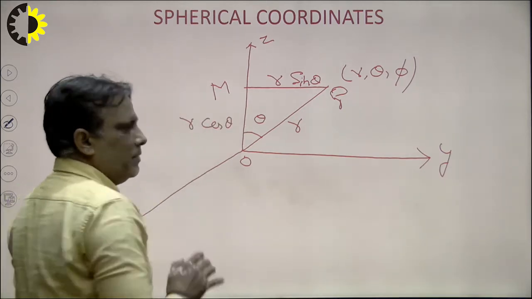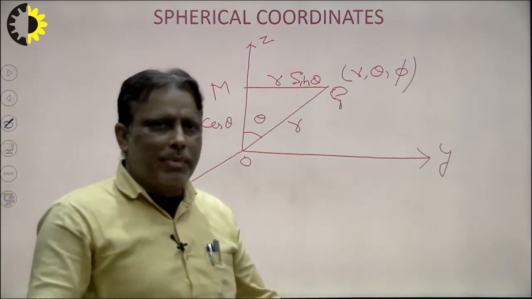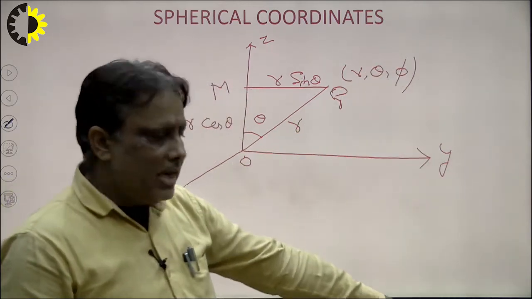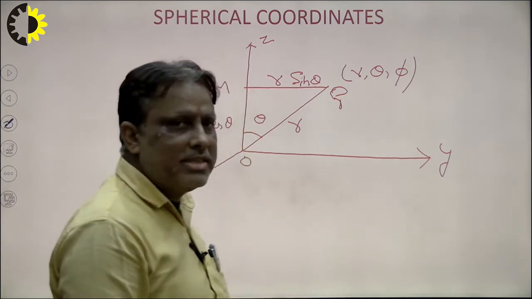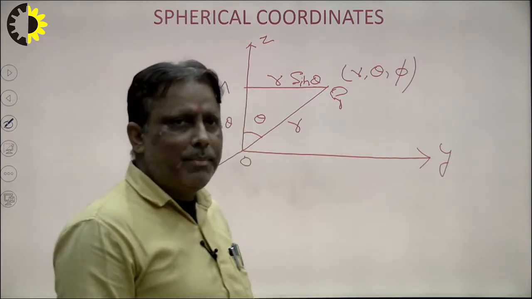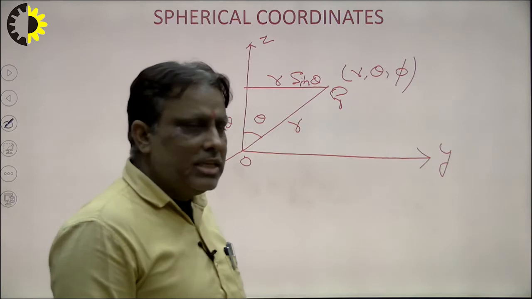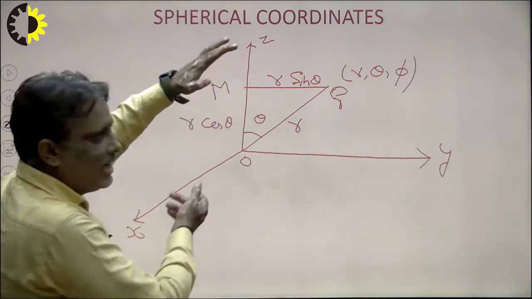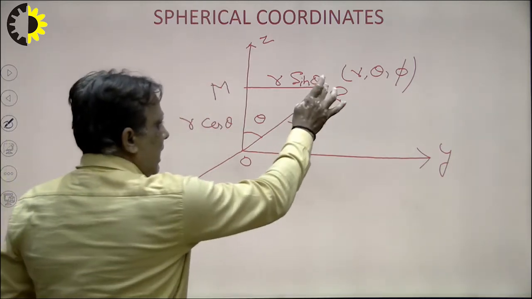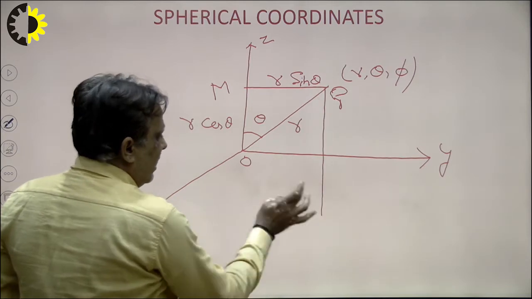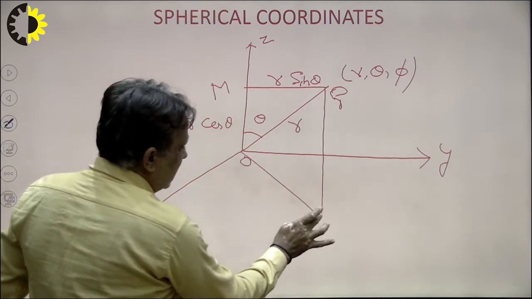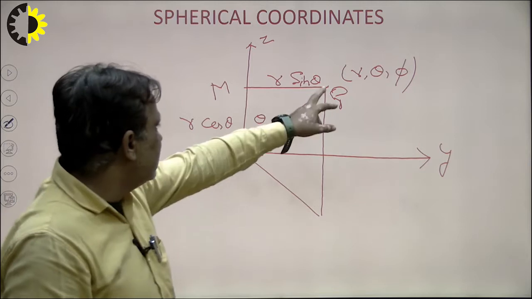Suppose I am standing on the 2-dimensional plane, and this is the z-axis, this is the x-axis and this is the y-axis. That means my height is parallel to the z-axis. So in this case, this OM is my height. Suppose I draw the perpendicular in the xy plane, this is my foot and this is my head.